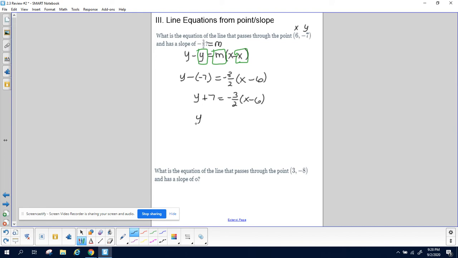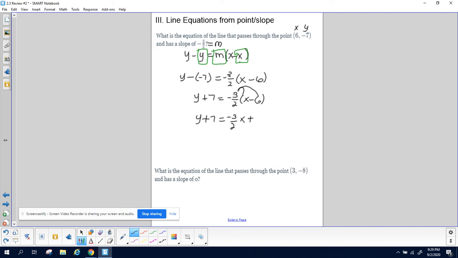Okay, so in Algebra 1, we also maybe had you do what's called the distributive property. Multiply that times x, so -3 halves x, and then multiply -3 halves times -6. Think ahead. Negative times a negative is a positive.